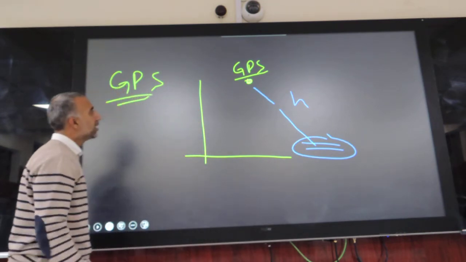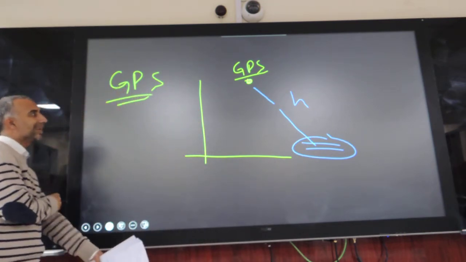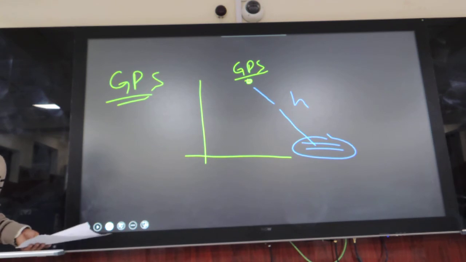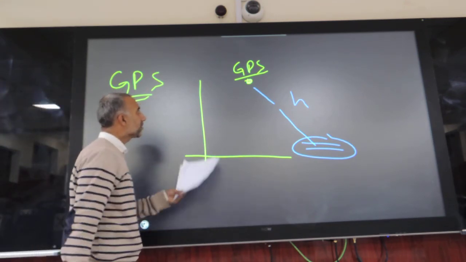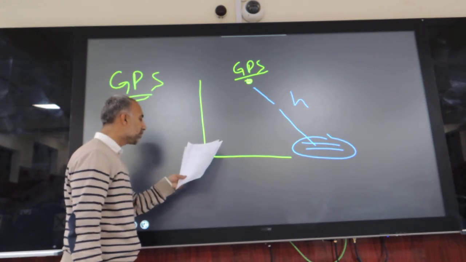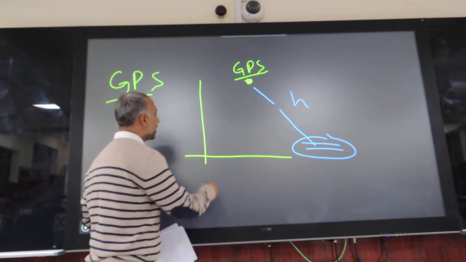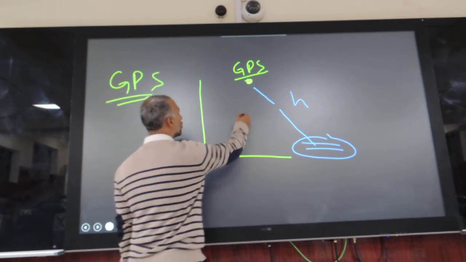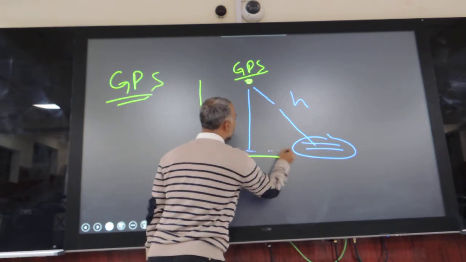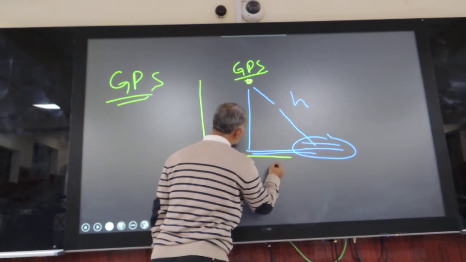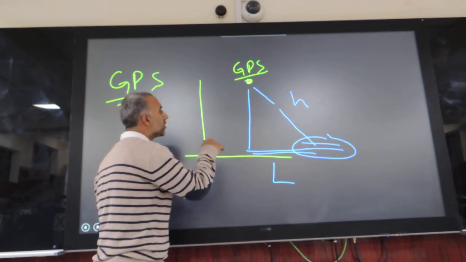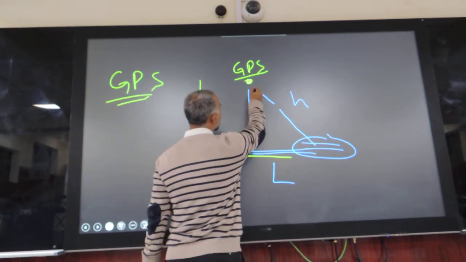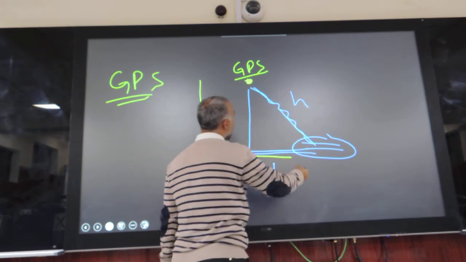But the aircraft does not get mobile signals. So the aircraft is following the GPS, global positioning system, and it is impossible for the aircraft to exactly locate the horizontal distance. Suppose this distance is L. It is not possible for the aircraft to determine this distance directly.